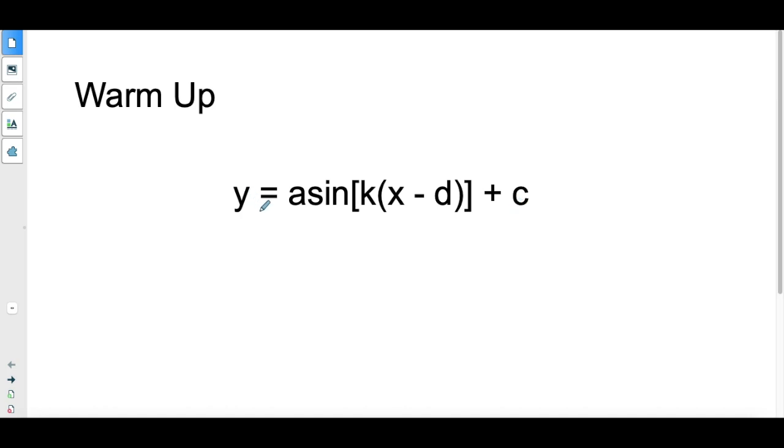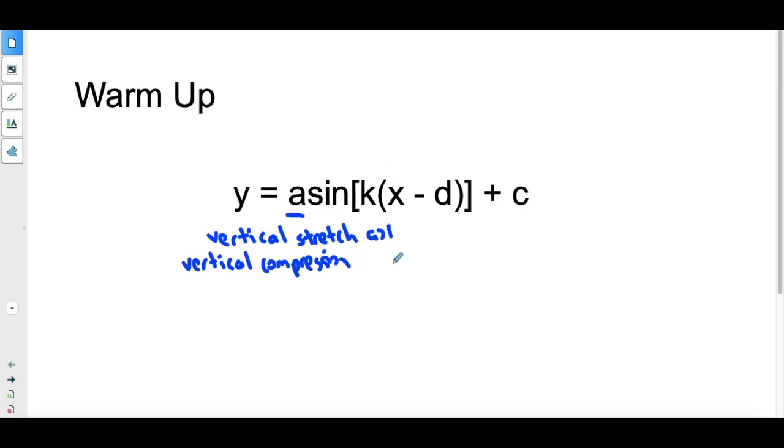My a value, for example, here, tells me my vertical stretch, or my vertical compression. If my a value is greater than 1, that's a vertical stretch.